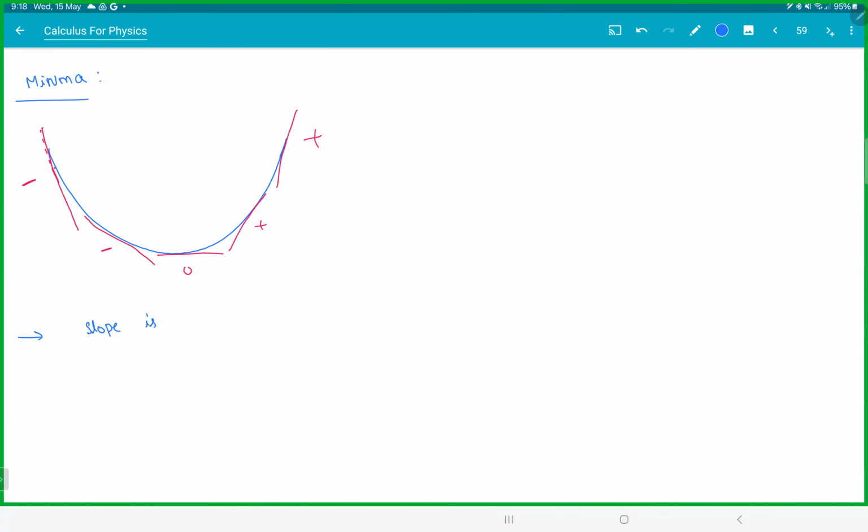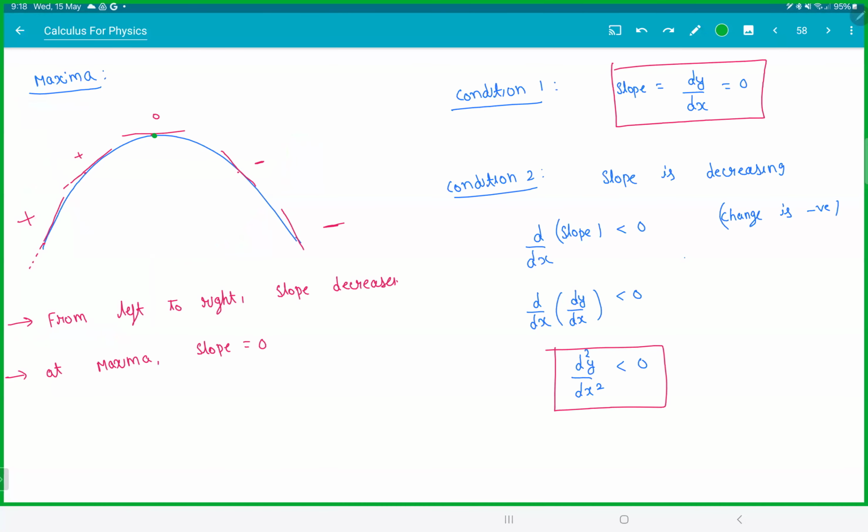Meaning the value is like -3, -2, -1, 0, 1, 2, 3. So the change is always positive. So remember this valley, right? This is the minimum. This point is your maximum.